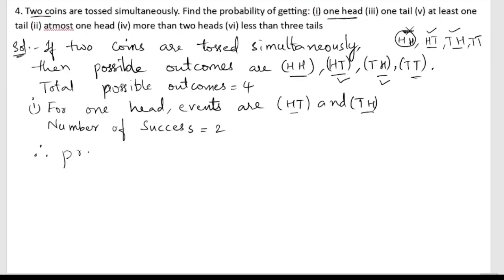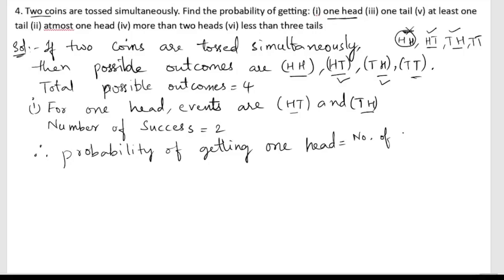Next we will write down the probability of getting one head. We know that the formula is number of favorable outcomes, that is number of successes, divided by total number of outcomes.